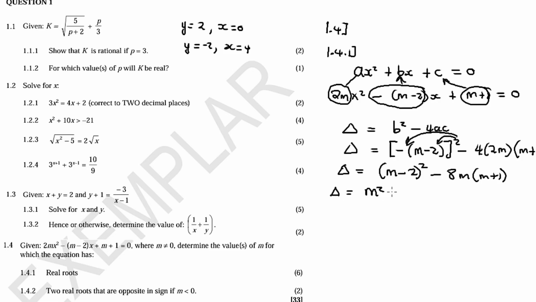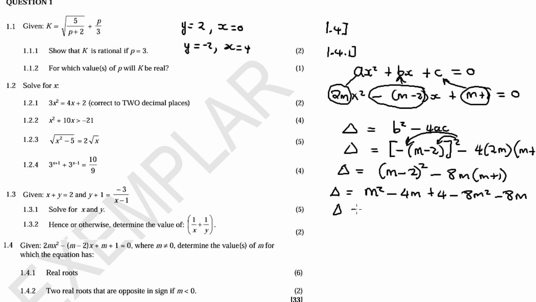We have m squared minus 4m plus 4, then minus 8m squared minus 8m.